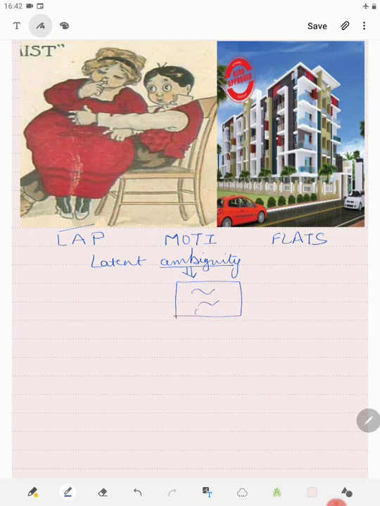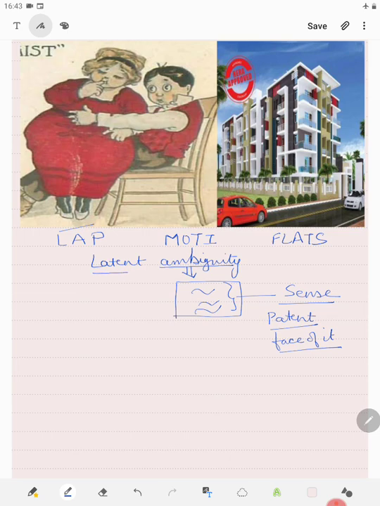That is, on plain reading, the document does not make any sense. Now, in case of patent ambiguity, it is apparent on the face of it. That is, on reading itself, one can find out that no meaning comes out of it.